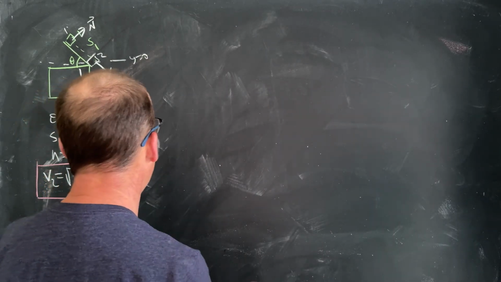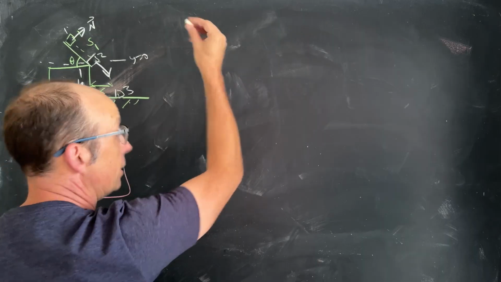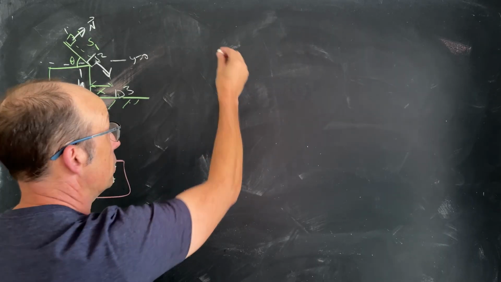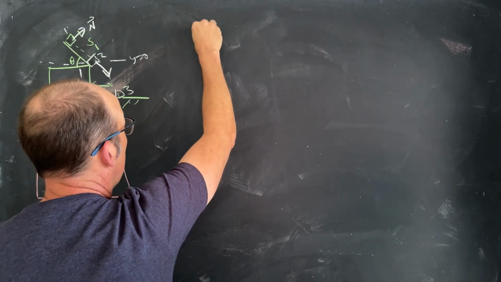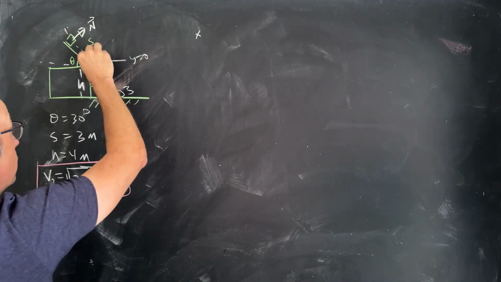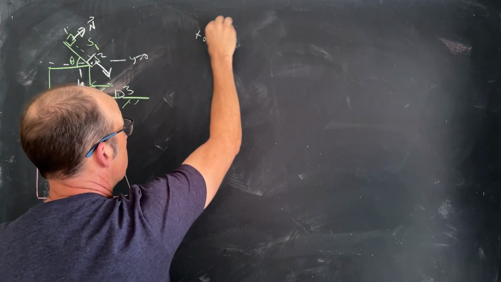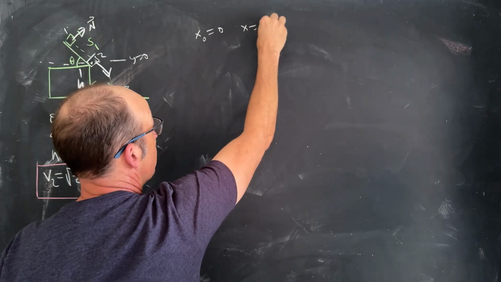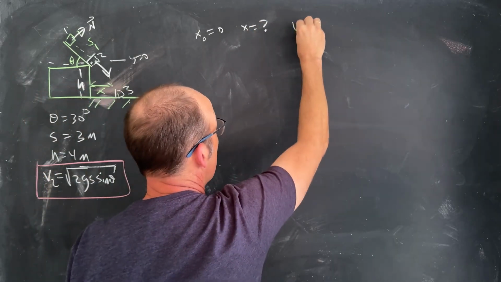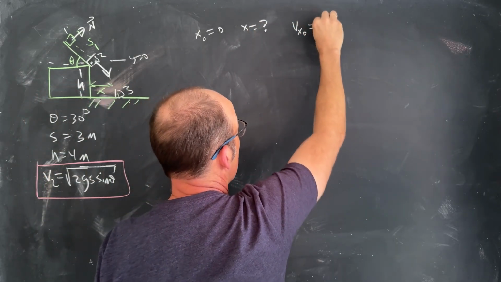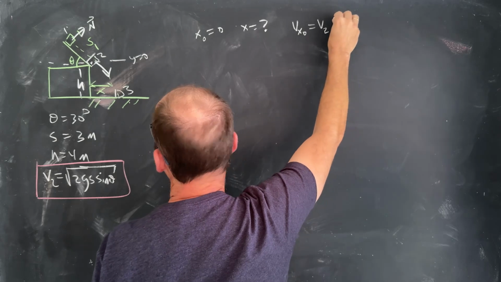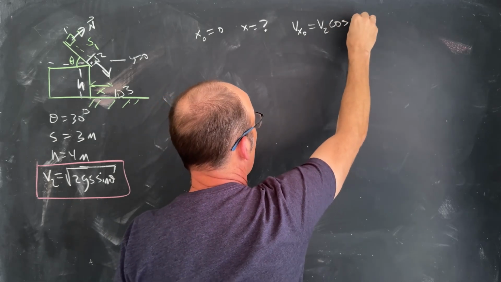So the projectile motion problem, let's start off with our conditions. I know my initial x, let's call this still the origin, just because I don't want to move it. So my initial x is 0. My final x is what I'm trying to find. My initial x velocity is v2 cosine theta, right?